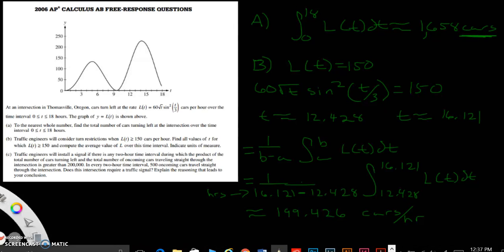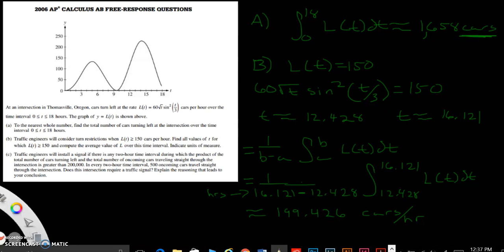Okay, part C. Traffic engineers will install a signal where, in any 2 hour time interval, the product of the total number of cars turning left and the total number of cars going straight through the intersection is greater than 200,000 in every 2 hour interval. 500 oncoming cars travel straight through the intersection.